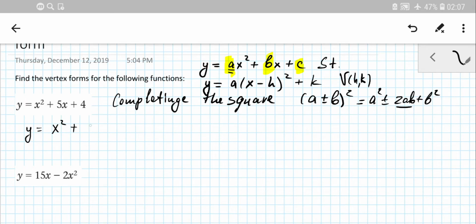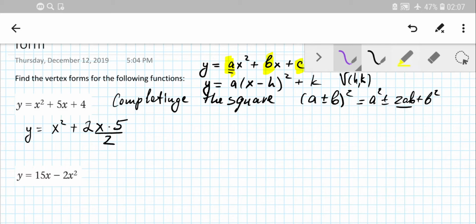Instead of 5x, I'm writing according to the formula 2, then x, and then because we still have 5, we cannot get rid of 5, so we put 5 and divide it over 2. Why? Because 2 and 2 will cancel and we'll be left with 5x in the end.